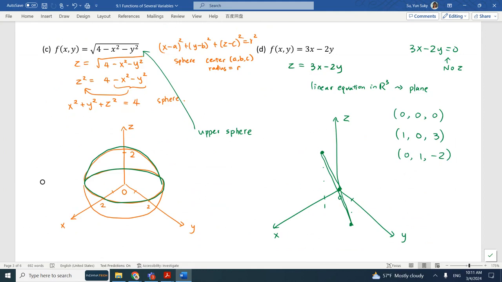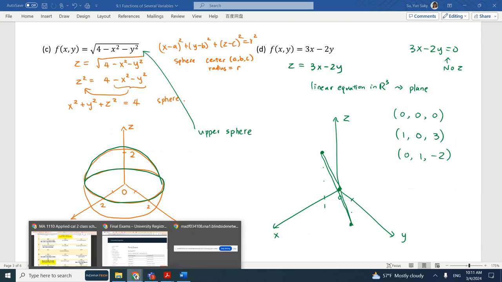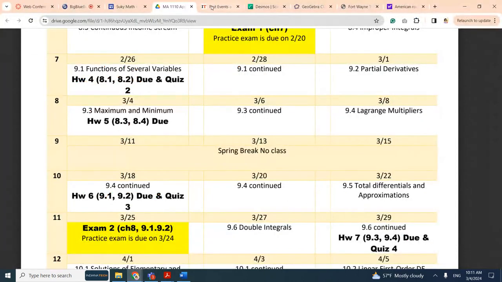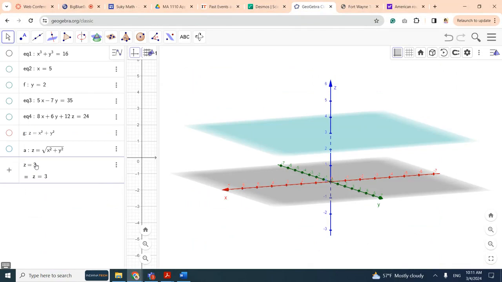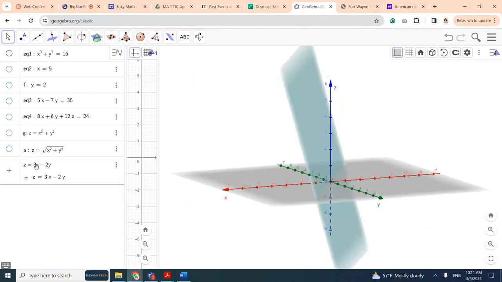So maybe it's better to draw it in GeoGebra, because this rotation, this position is hard to see. Let's draw it here. Okay. What is Z? 3x minus 2y. Oh, okay.